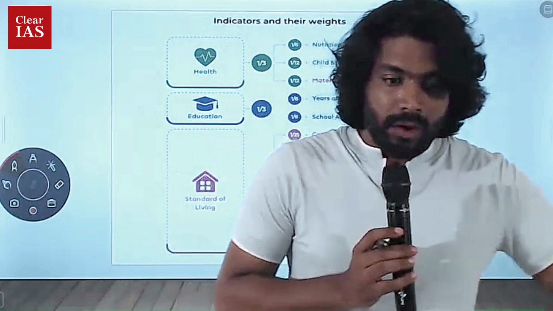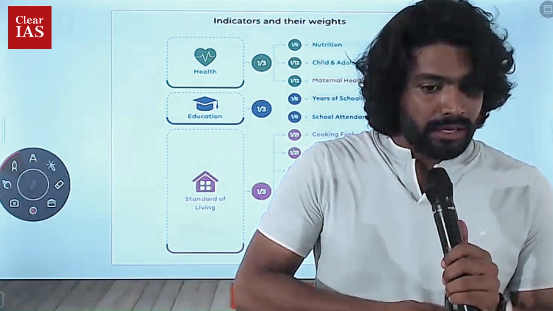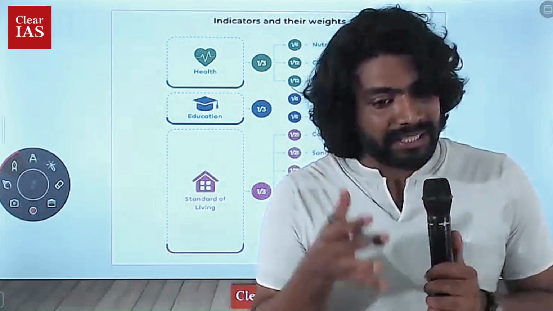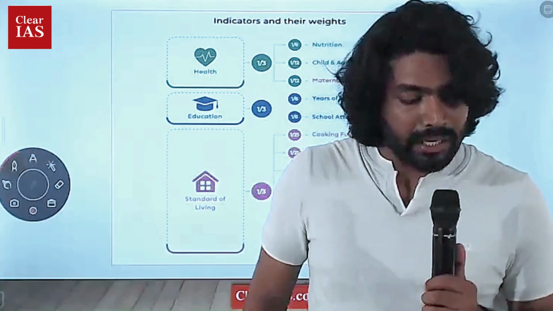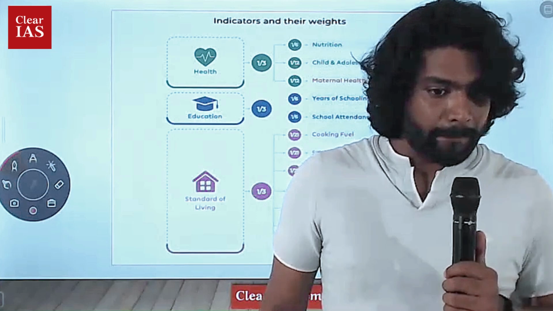HDI is not comprehensive now. You can criticize HDI from that perspective. It is not necessary that you use these things only when the question comes on MDPI. When a question about HDI comes, you can use these terms as well because HDI is not covering these. Hope my point is clear.